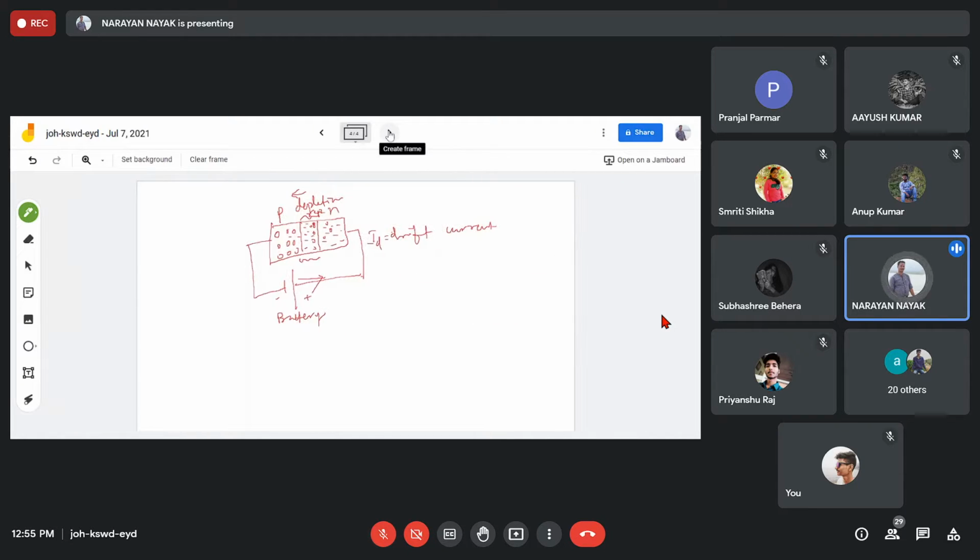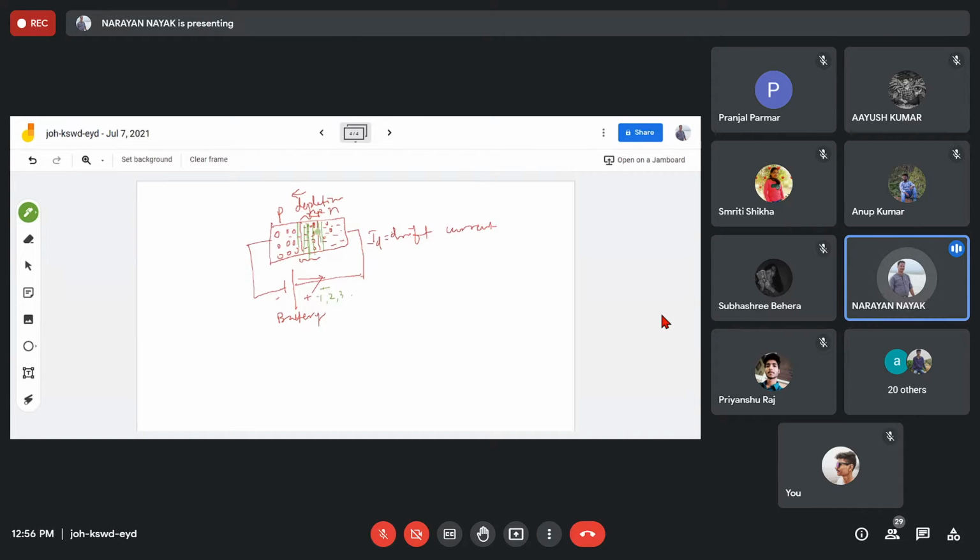Whenever you apply some voltage, suppose 1 volt, there is thermal generation of electron-hole pairs and the depletion region increases. Previously it was like this, now the depletion region is increased. You apply more voltage, 1 volt, 2 volt, 3 volt, and it keeps increasing. Why does the depletion region increase?